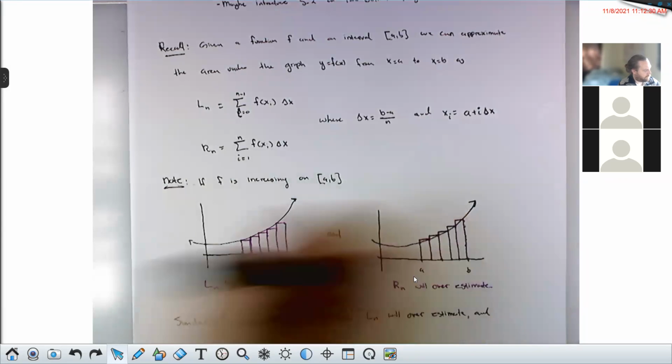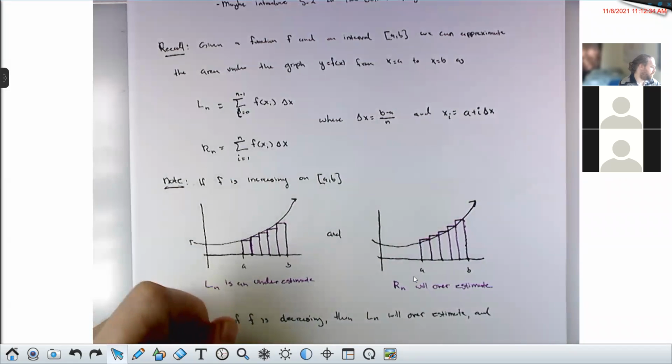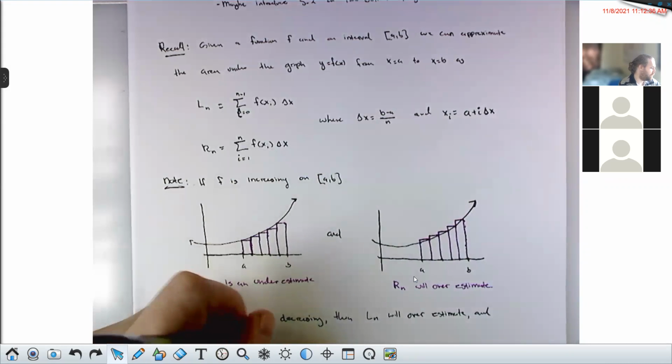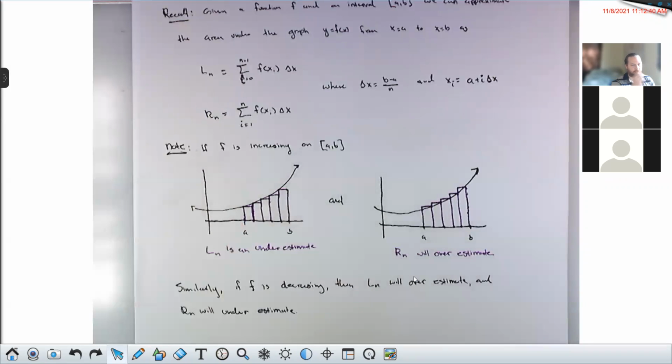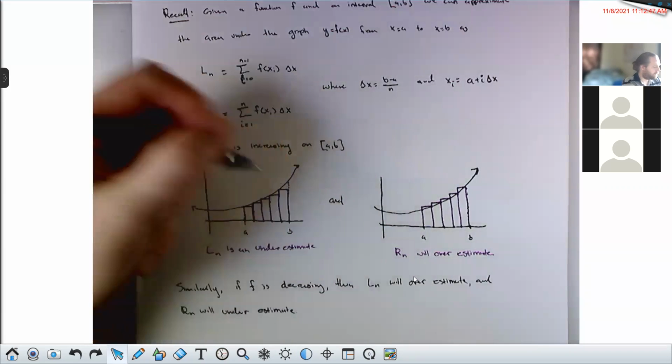And R_n will underestimate. These are things that you can see right away when you draw the picture, but they're also just good things to know.